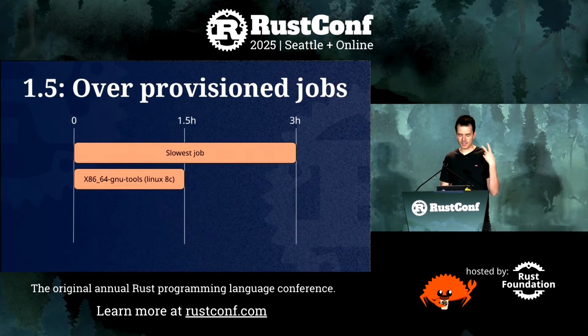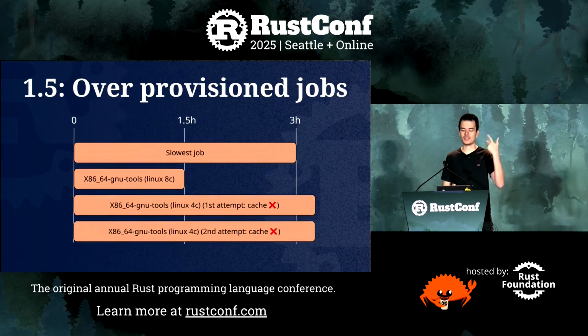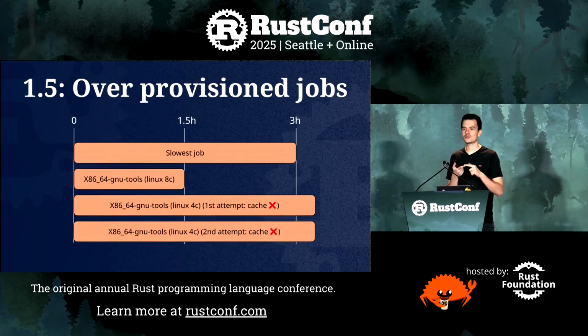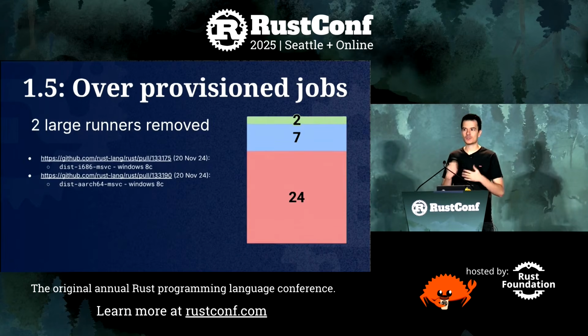And sometimes the first attempt, yeah, cache miss, but sometimes even the second attempt got a cache miss, and that was because in the meantime GitHub was rolling out new image runners. So yeah, again, found out the hard way. But by trying more than once, we managed to remove 2 additional large runners.